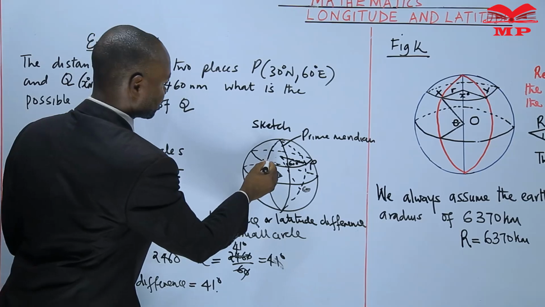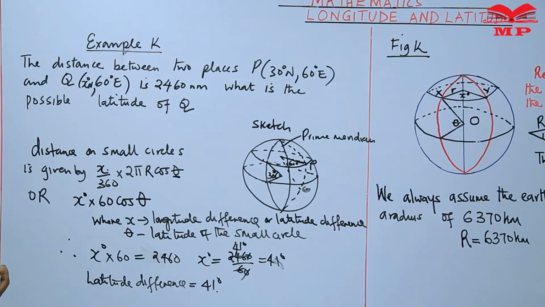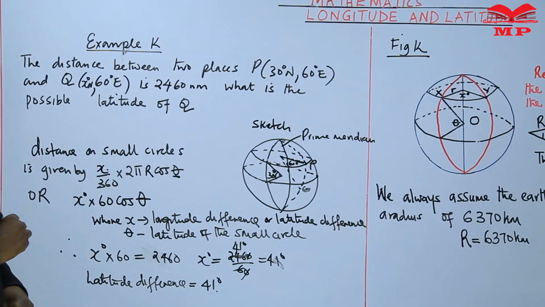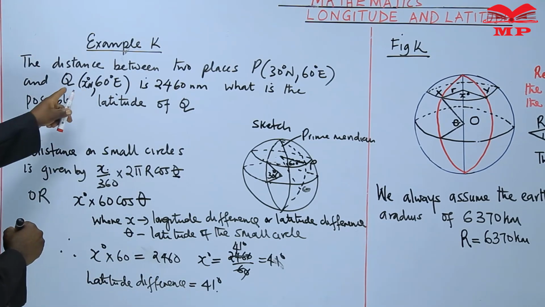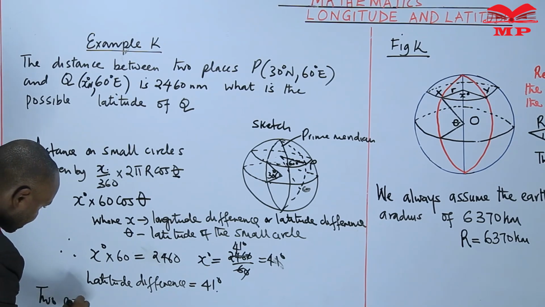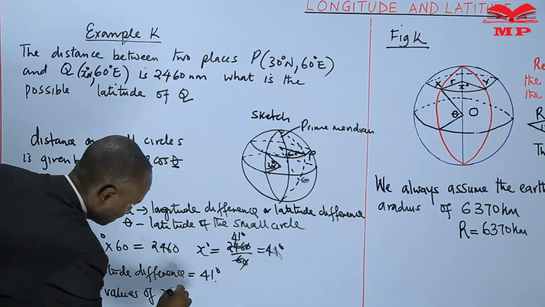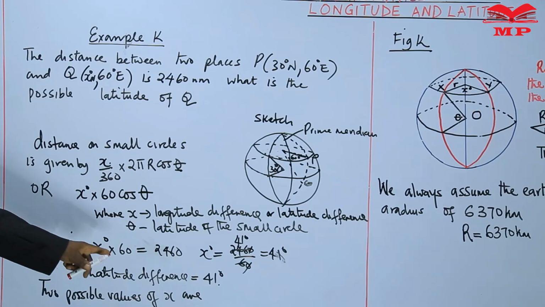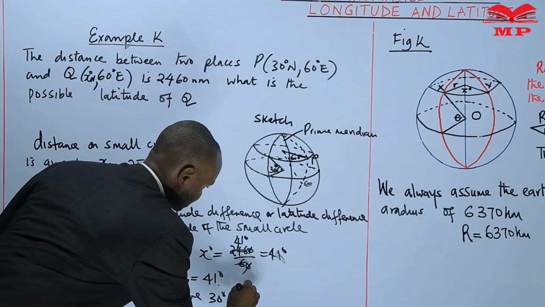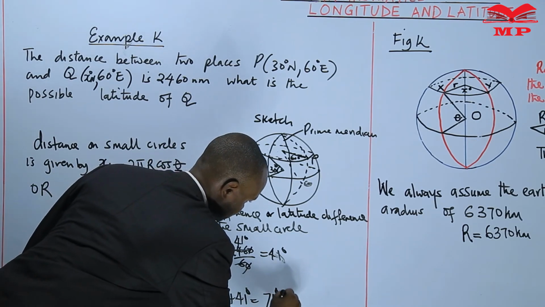I have 30 degrees, because that was the latitude of P. There are two possible values of X. The two possible values are 30 degrees plus 41 degrees, which gives you 71 degrees north.